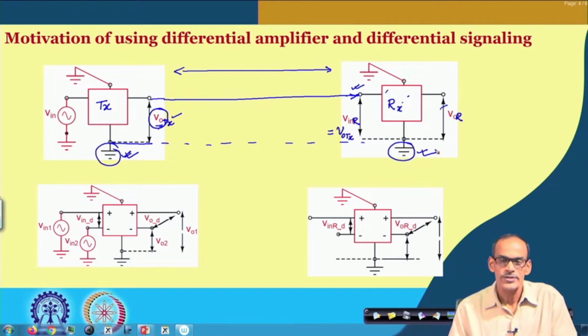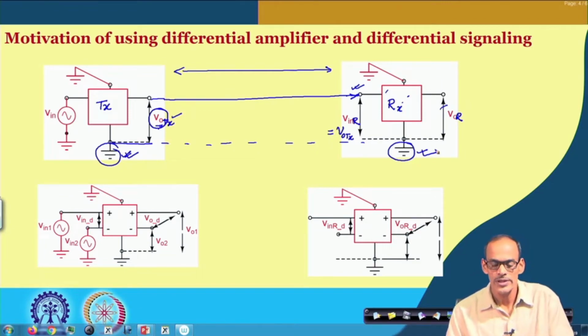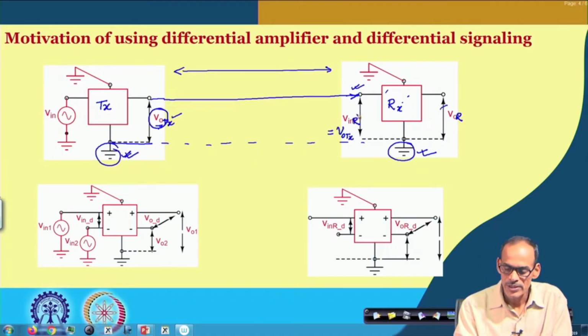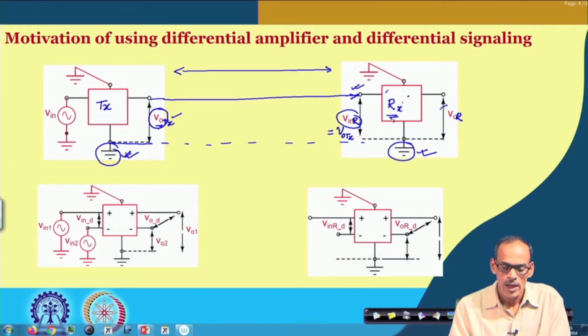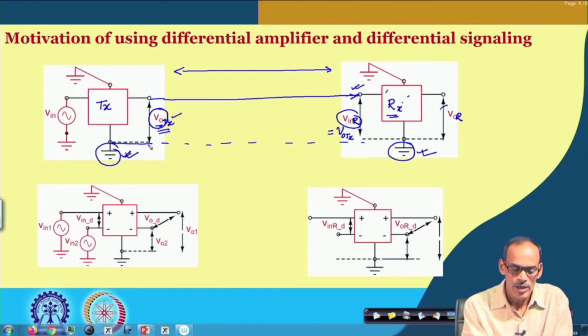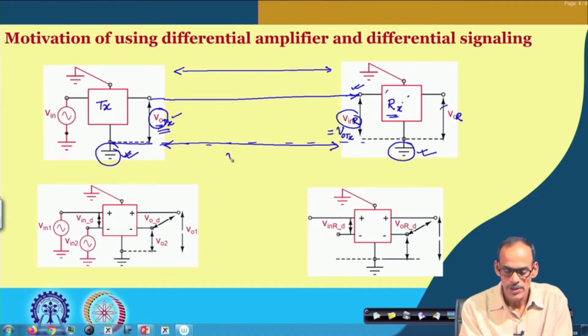Maybe average wise they are equal, but instantaneously if there is any variation, then the signal received by the second unit and the transmitted signal from the first unit will be different. Say for example, if we consider the voltage difference between these two, it is V x, assuming this is plus and this is minus.